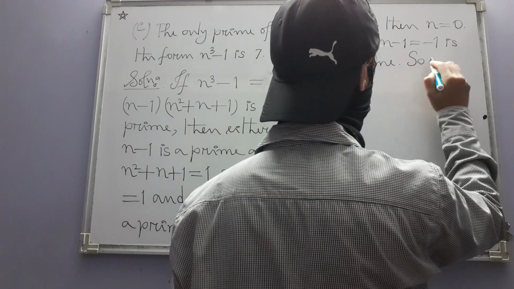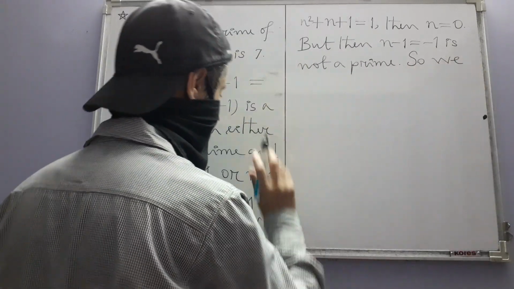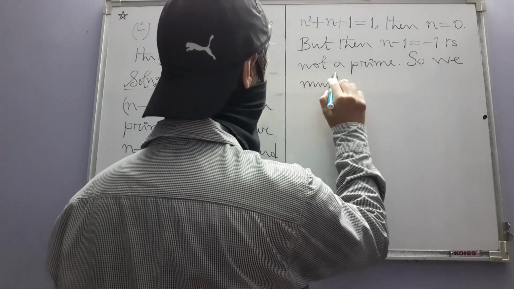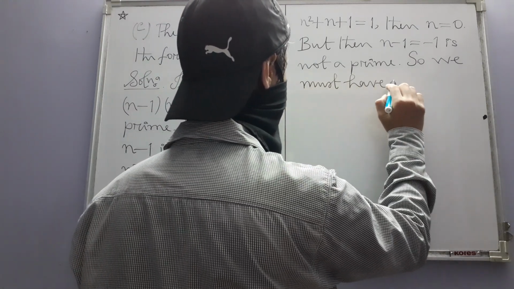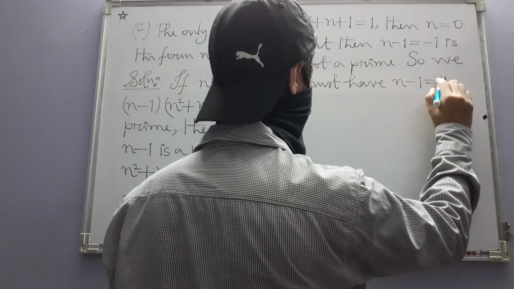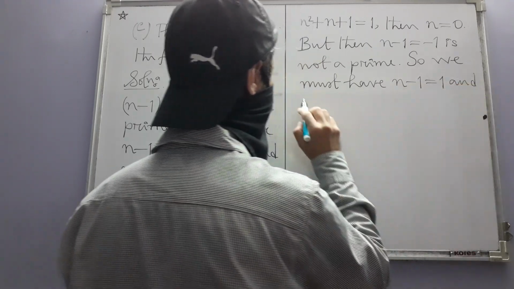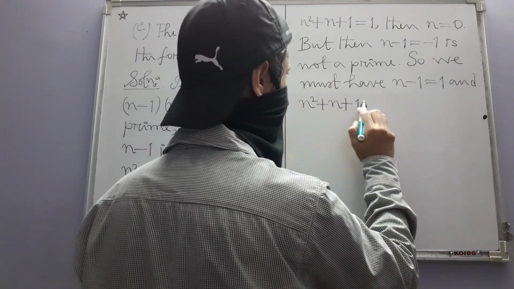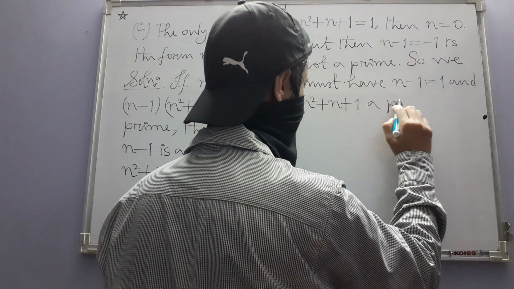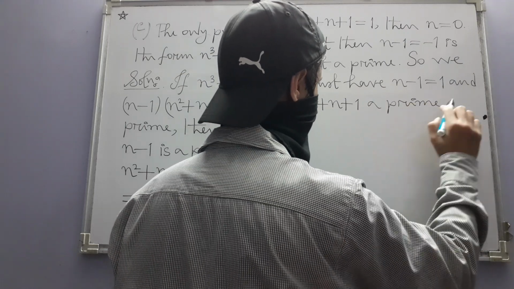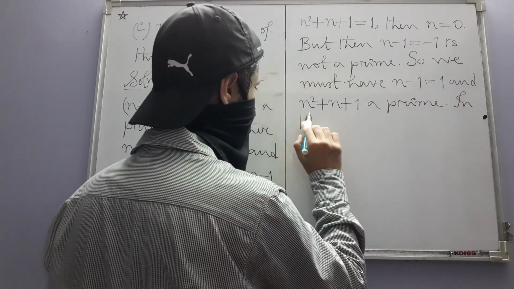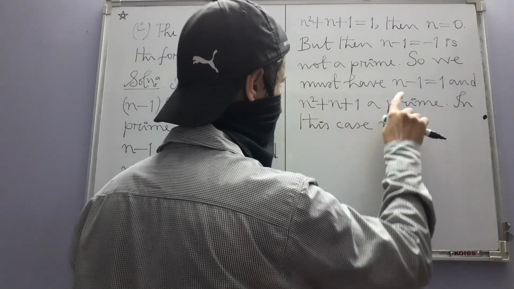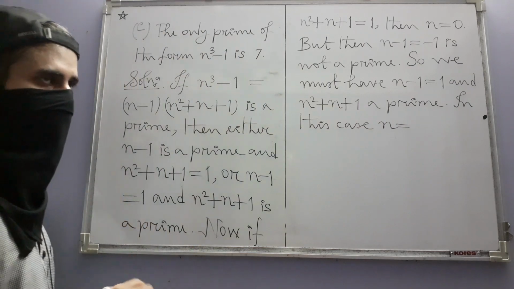So we must have, so that means the other possibility should be true. N minus 1 equal to 1 and n square plus n plus 1 a prime. That is, we should have this. And in this case, from this equation we get n equal to 2.